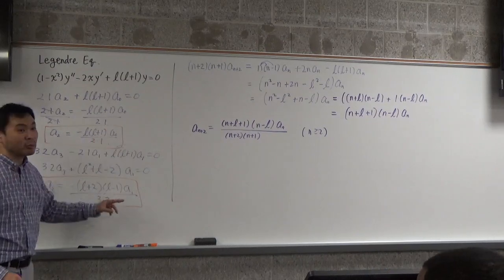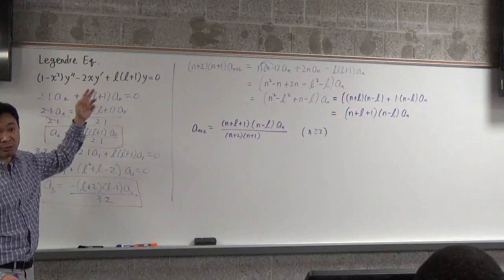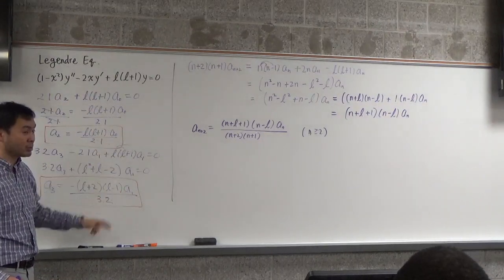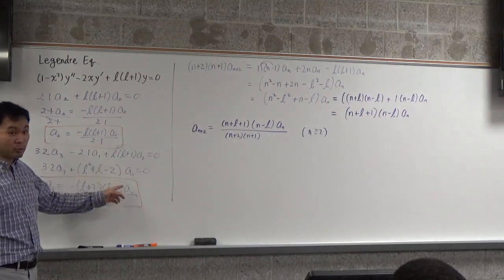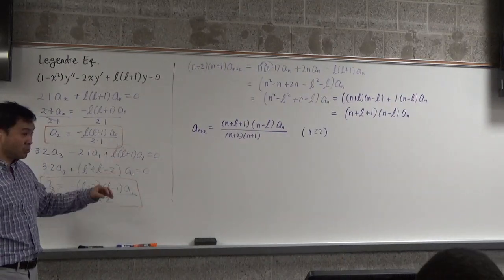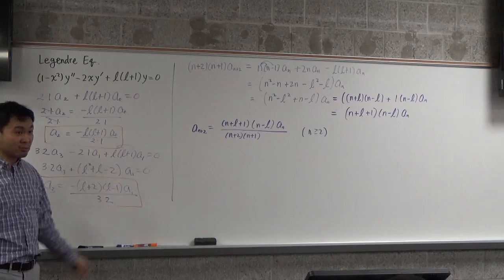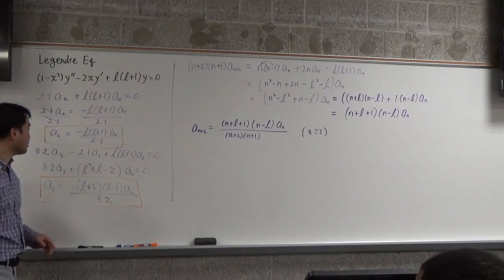Remember, a0 and a1 are the two free parameters, right? Because this is a second order differential equation. It's natural to have two free parameters, a0 and a1. It also happens that a0 is y of 0, a1 is y prime of 0. So if you provide initial conditions at 0, you immediately have the values for a0 and a1. So you can almost think of a0 and a1 as something that's given.